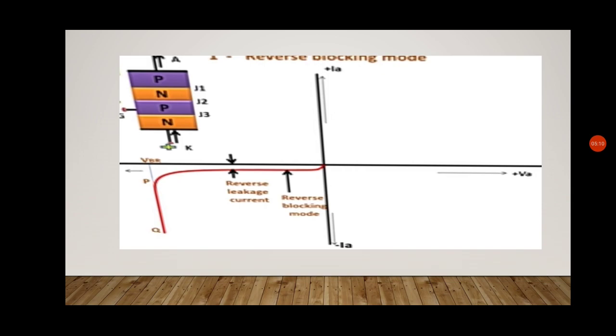You can see that the flow of current has suddenly increased from P towards Q, a sharp increase in current. This is all about the reverse blocking mode of SCR.